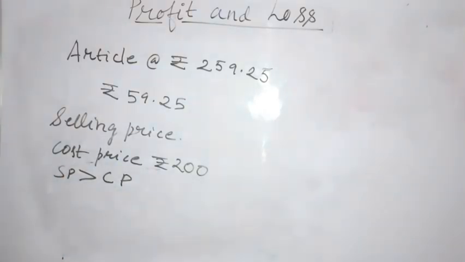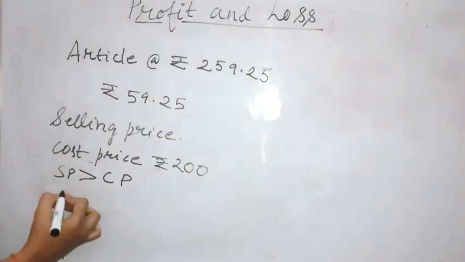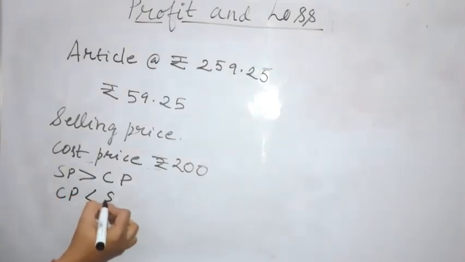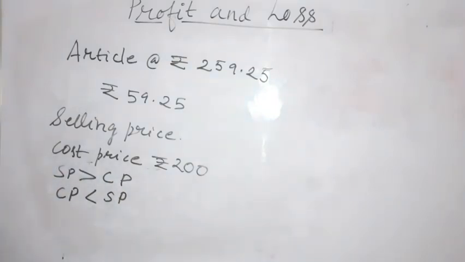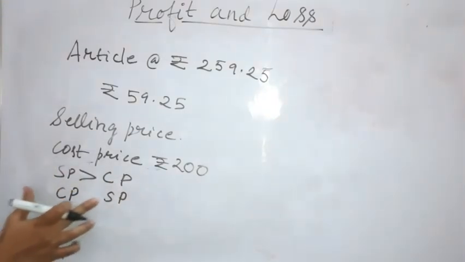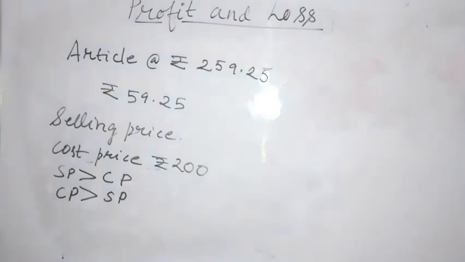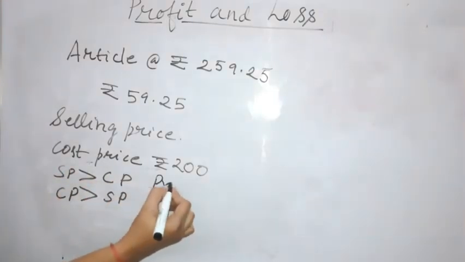But whenever there is a loss, the cost price is greater than the selling price. Okay, CP is greater than SP when there is loss, and SP is greater than CP when there is profit.